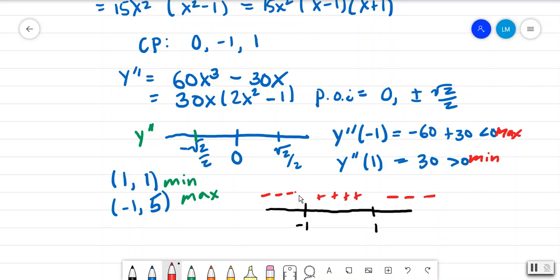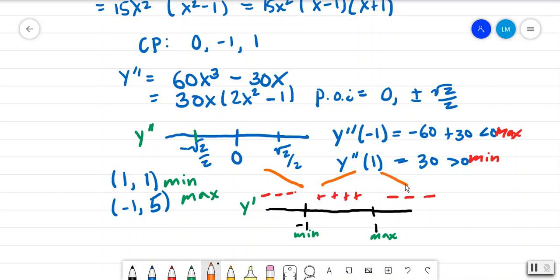How did I do that? I did it based on the fact that this was a minimum, and this right here is the first derivative, and this had to be a max. Notice that this tells me the function looks something like this, where it decreases, increases, decreases.